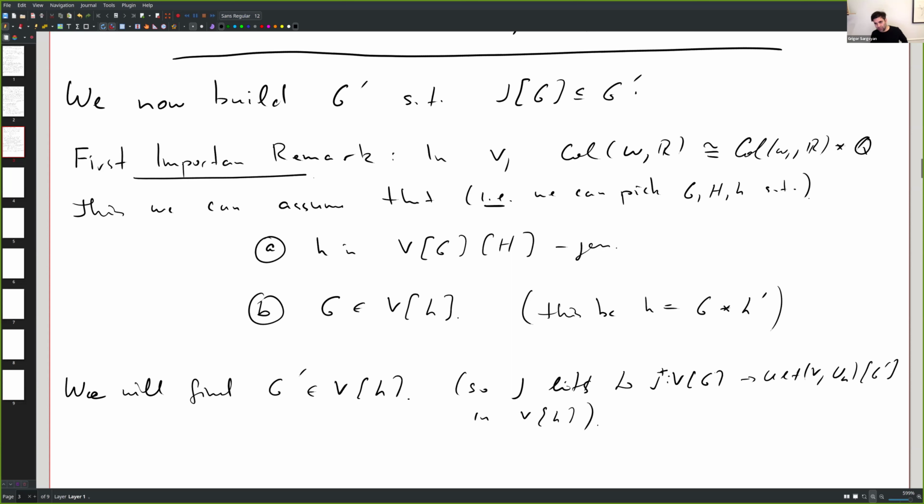G doesn't play a role anymore because I'm assuming G is in V[H]. That's why there is no need to mention it.